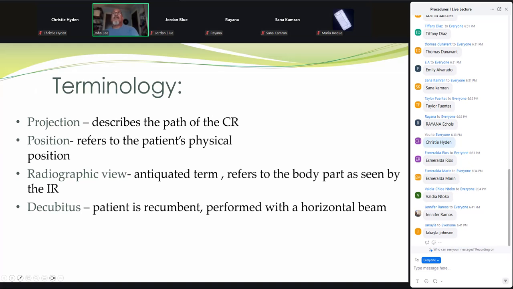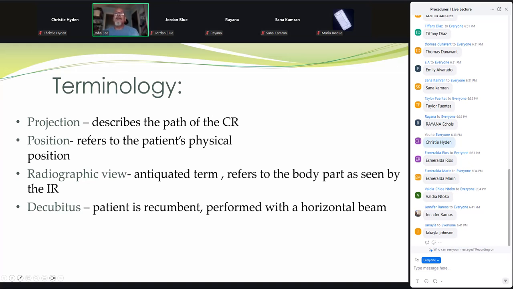More terminology. Remember that projection describes the path of the central ray. Position refers to the patient's physical orientation in space. Radiographic view is antiquated in its usage, but it does refer to the body part as seen by the image receptor, from the image receptor's perspective.